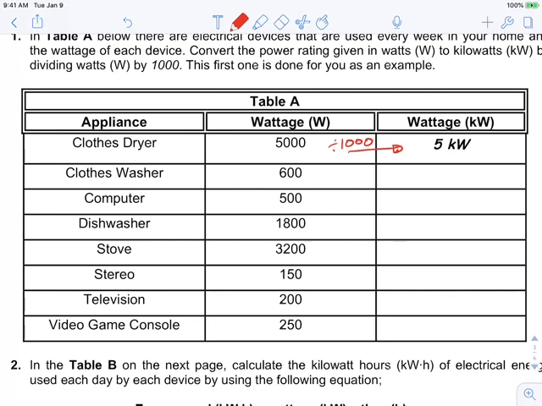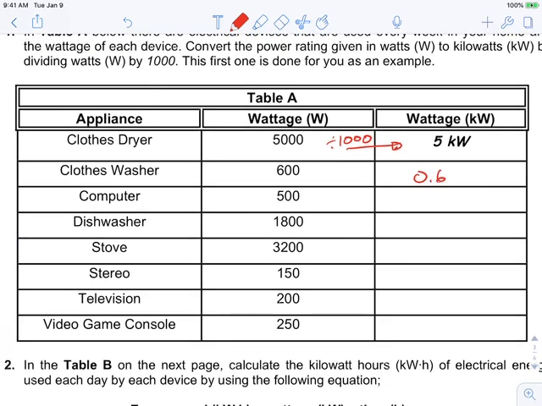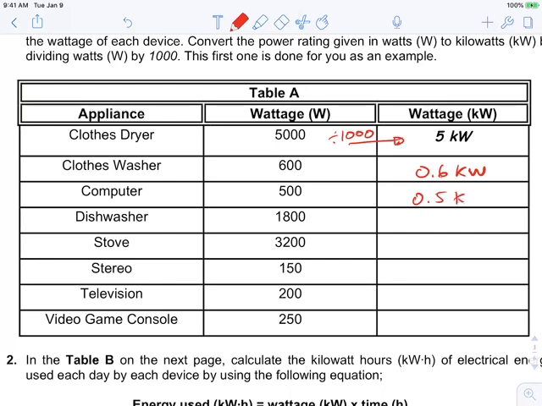So 600 divided by 1,000 would be 0.6 kilowatts. 500 divided by 1,000 would be 0.5 kilowatts. You can go ahead and finish that chart. These numbers are going to be very important because we're going to use them to fill in our table on the back. Let's take a look at what I mean by that.